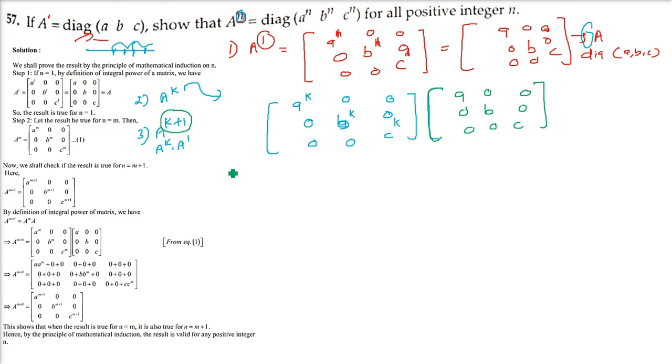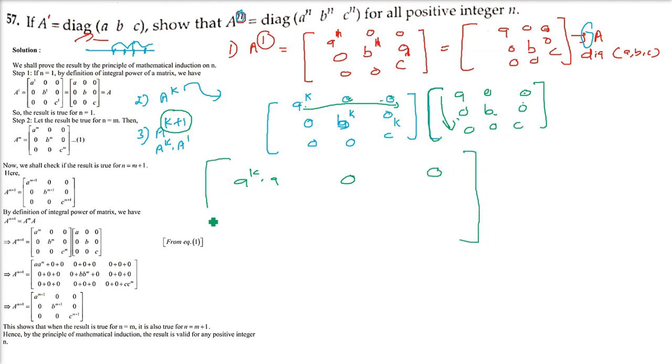Let us multiply. You know how to do the matrix multiplication: first row first column, first row second column, first row third column, and similarly with the second row and third row. The first row gives a raised k into a, and the other entries are 0.